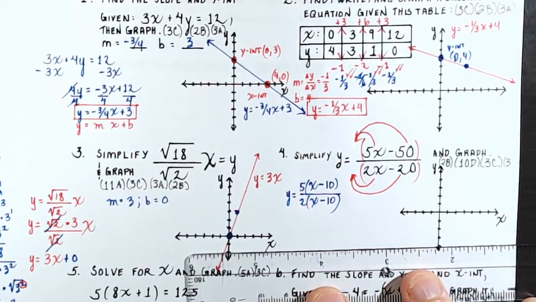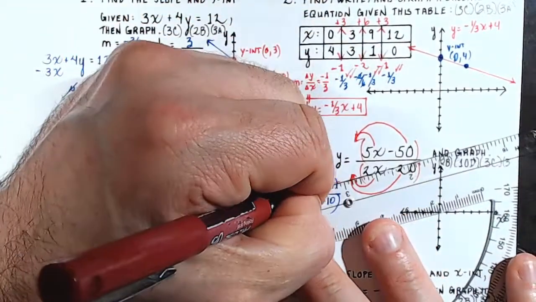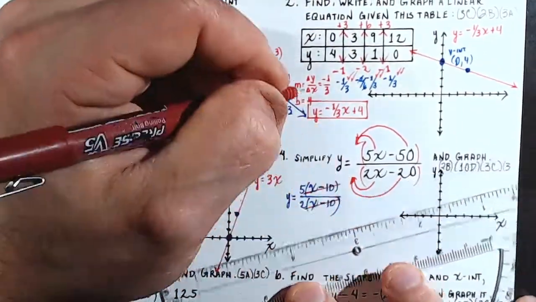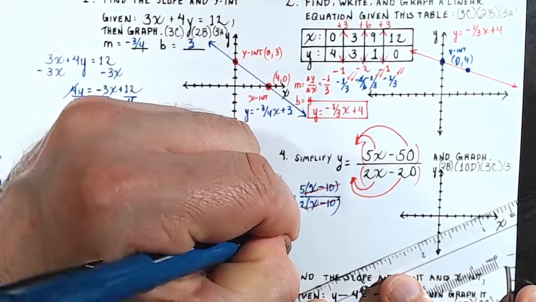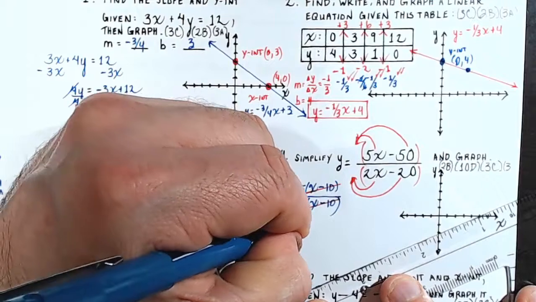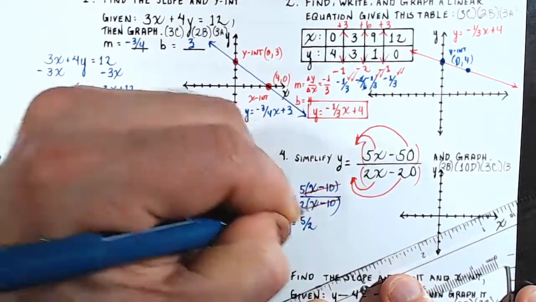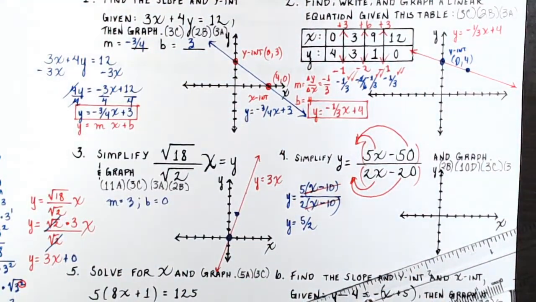And once again we have a situation where we can cancel out this parenthetical term, leaving behind y equals 5 over 2. There's no x term.